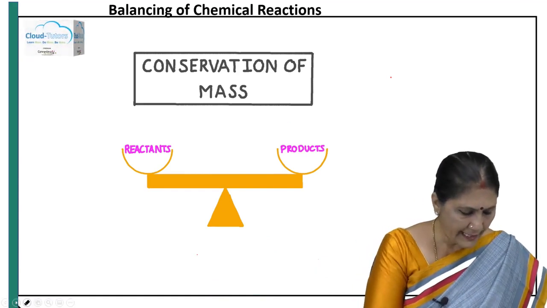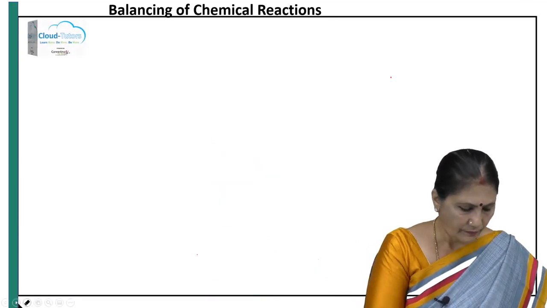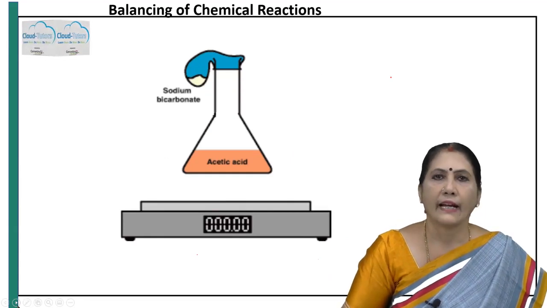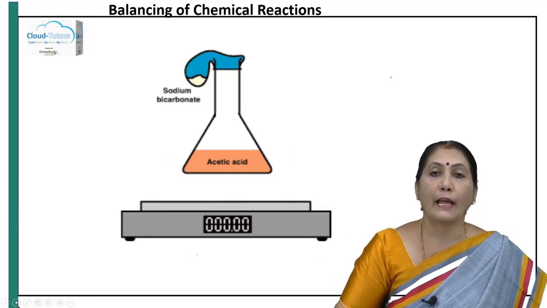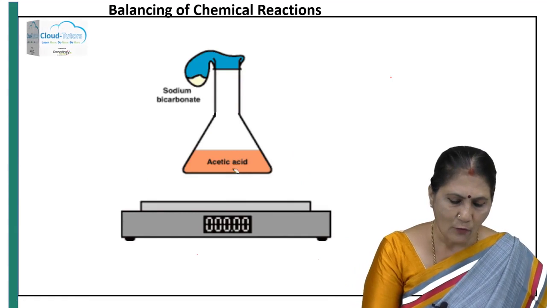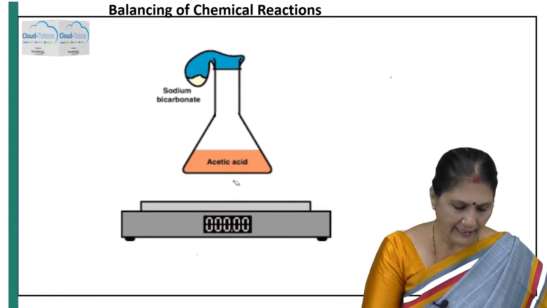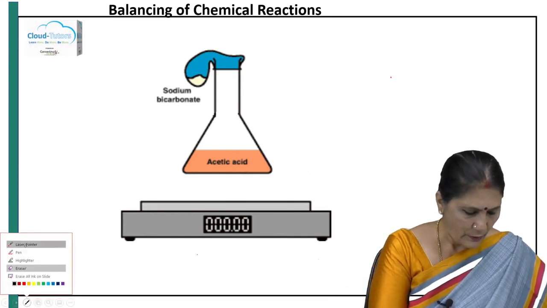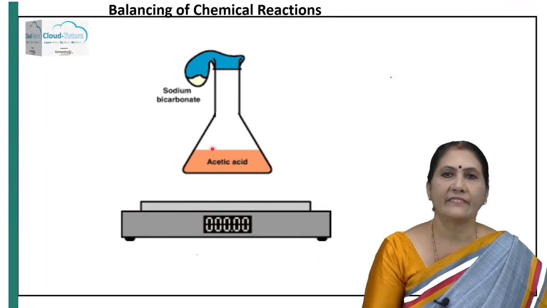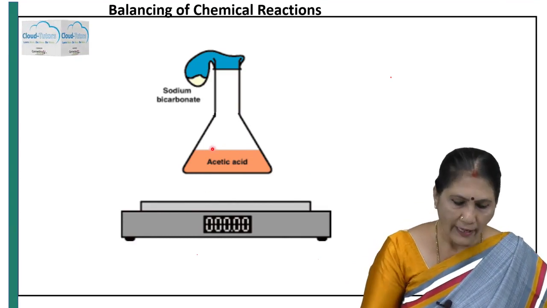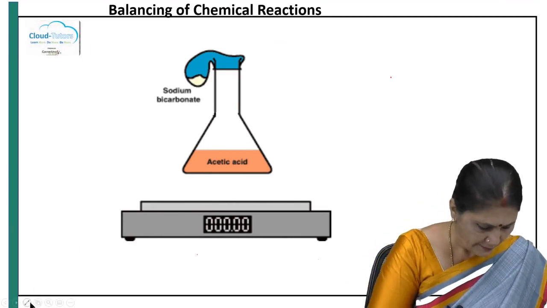Now another example is between 2 chemicals, one taken in the conical flask, which is acetic acid. So let me write the equation.